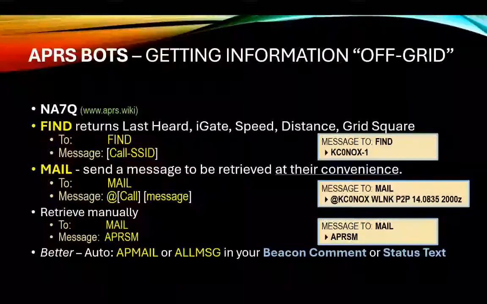The first one I'm going to discuss is Find, which just allows you to find another amateur radio operator station. With their APRS, you will need to use their SSID. The syntax is simply send it to station FIND, F-I-N-D, and put in the call sign with their SSID, and very quickly you'll get a return telling you where that station is and the last time they were heard, and give you a grid square.